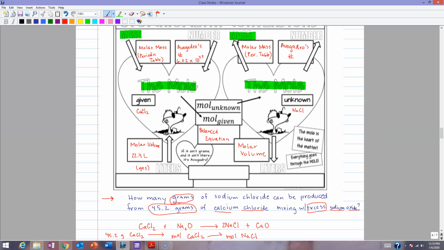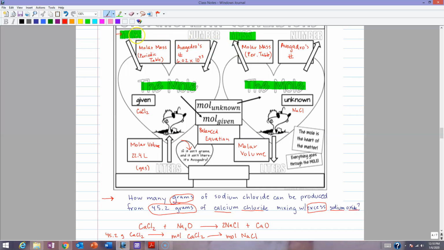Now, if you aren't given grams, and you're not given liters, then you're going to be using Avogadro's number. Most stoichiometry problems, though, are going to go from mass of the given to mass of the unknown.